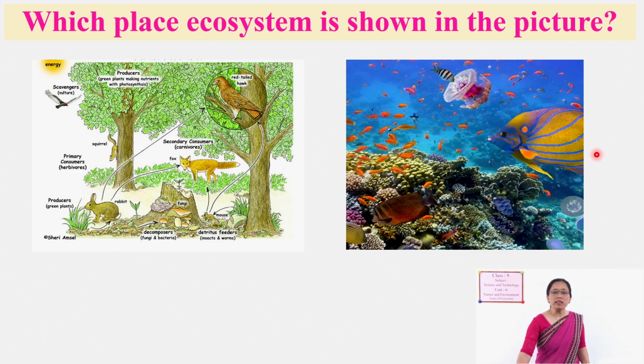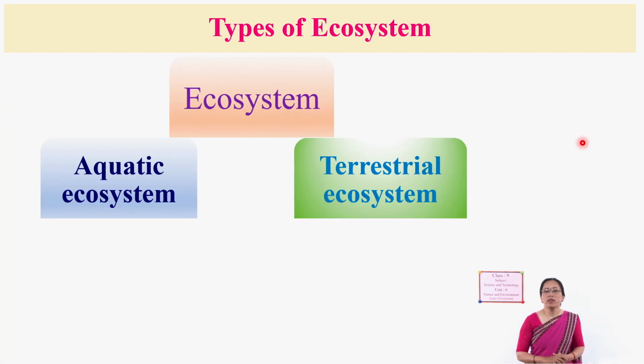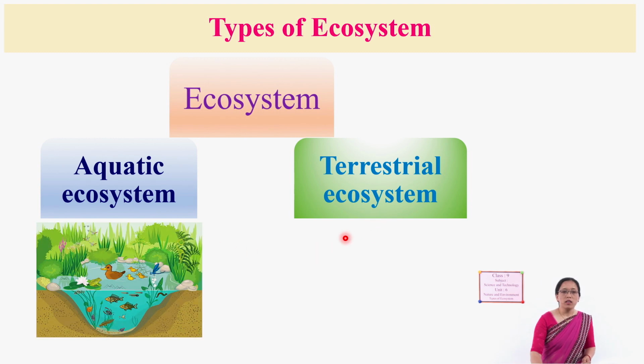Based on this location, based on the environment where the organisms are growing, ecosystems are classified into two types. What are those? Aquatic ecosystem and terrestrial ecosystem. What is an aquatic ecosystem? See here, this is a pond.